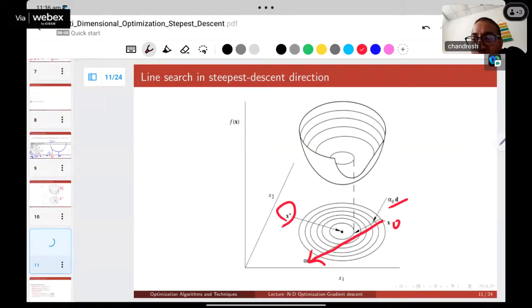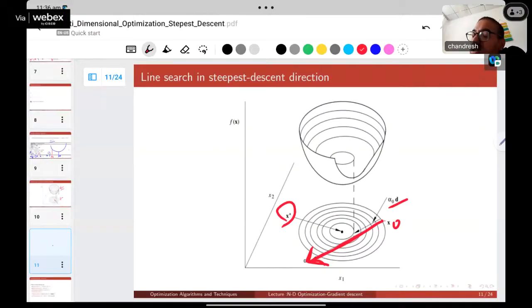But now you see, d is a vector that gives you the direction. Alpha decides how big my step size would be. So if I choose a really big alpha, it will go here, very far away, because alpha is the magnitude. You can think of alpha as the magnitude of this vector.